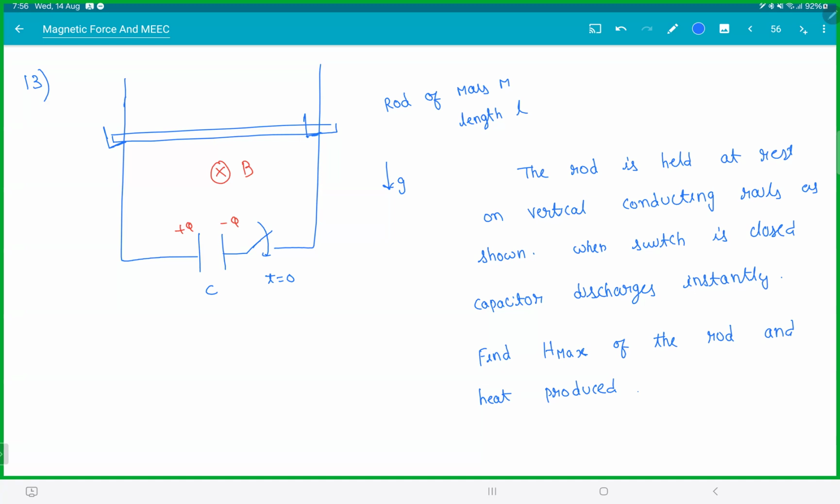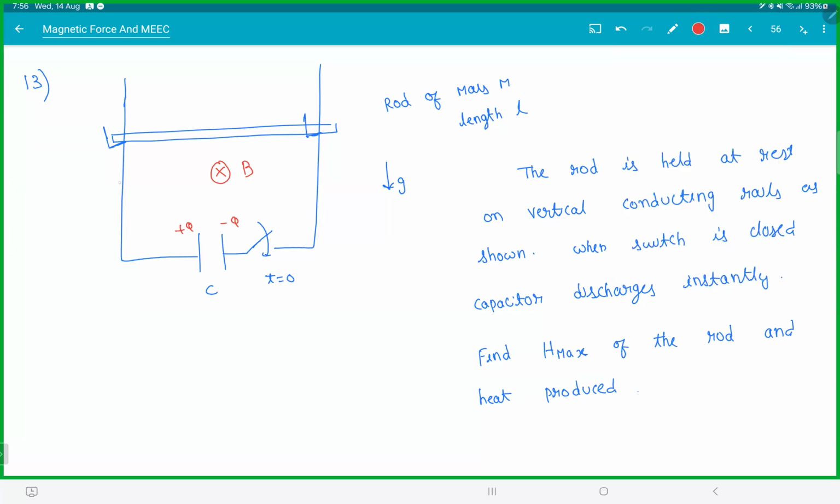So the first part of the question is figuring out why the rod is moving. The moment you close the switch, what happens? The capacitor discharges.